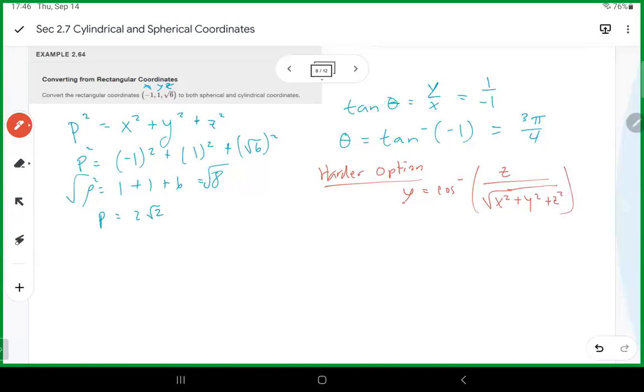But we're going to use the easier option. So we're going to do z equal to what we just found.